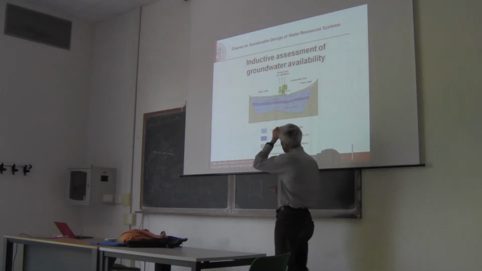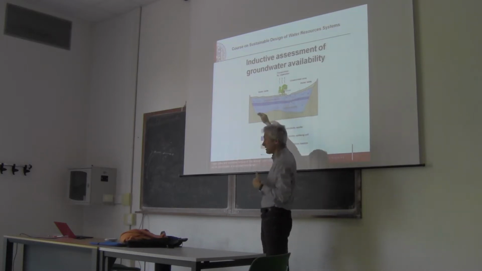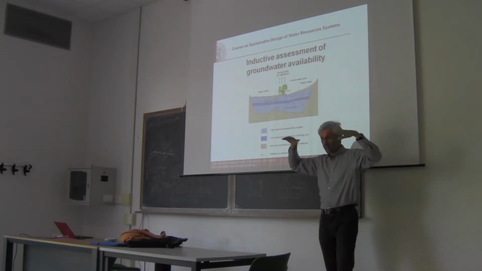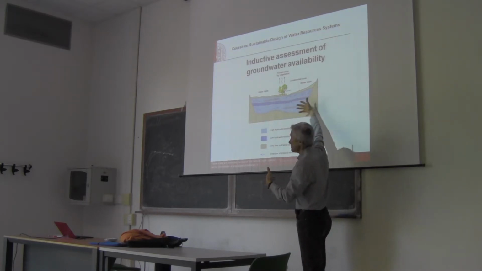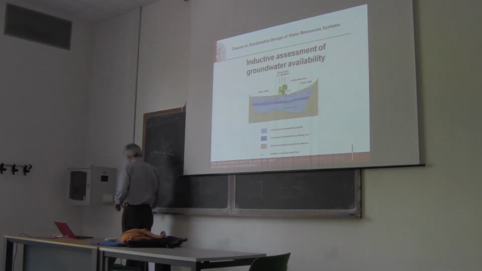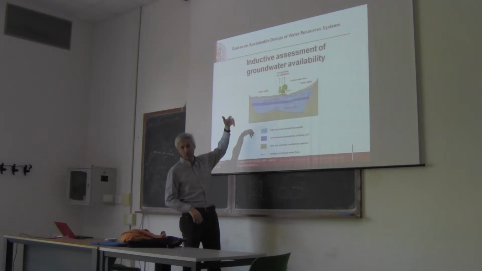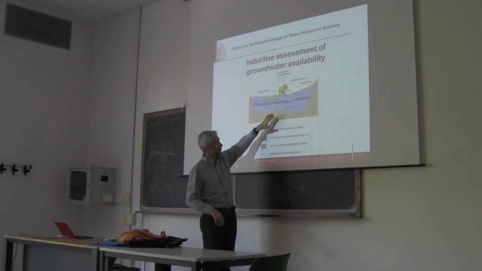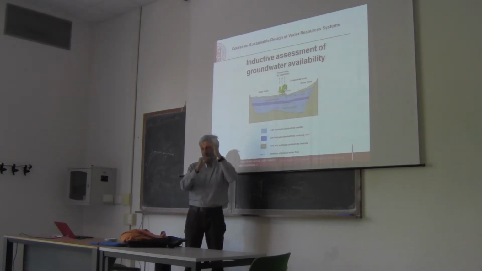But it may happen that you have aquifers that are confined. Confined means that their upper limit is an impermeable layer. Their ceiling is an impermeable layer. And the recharge is taking place from somewhere laterally, for instance from infiltration from the mountains. The result is that this aquifer is under pressure, because it's confined and has an upper ceiling.